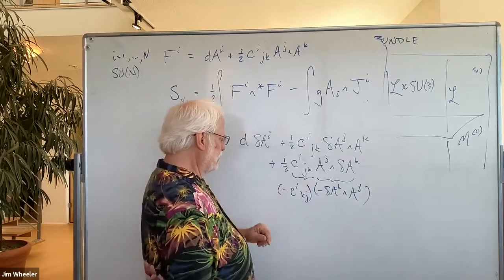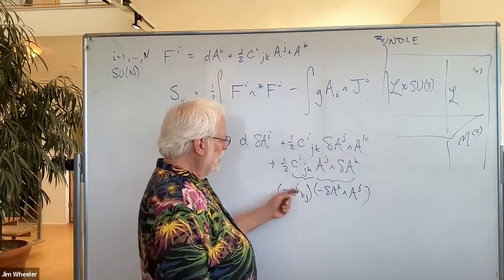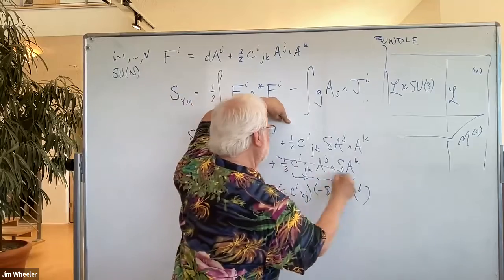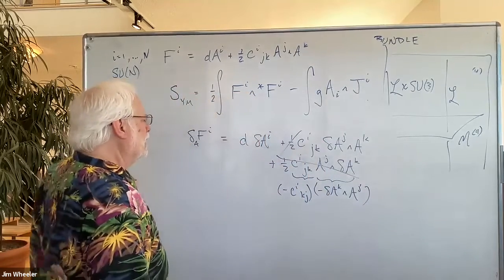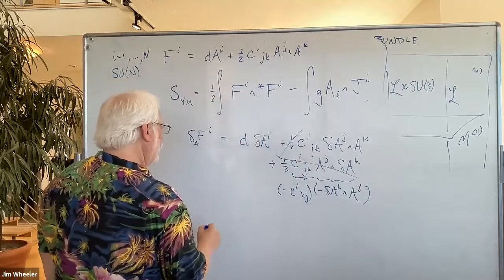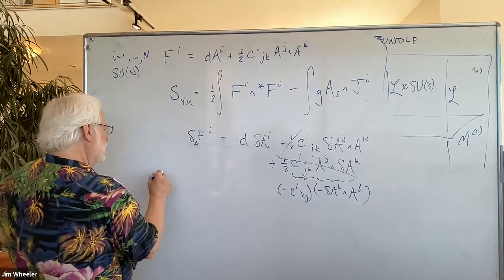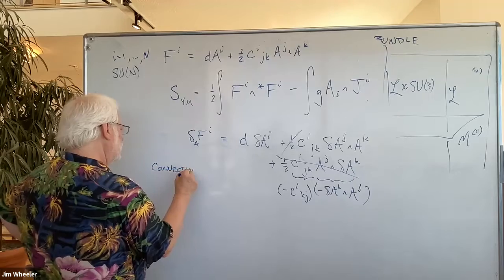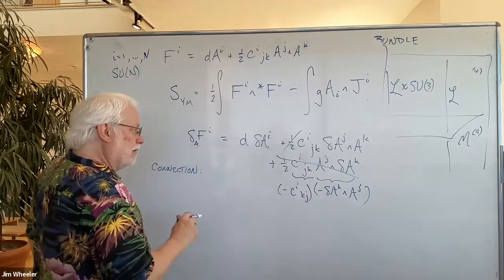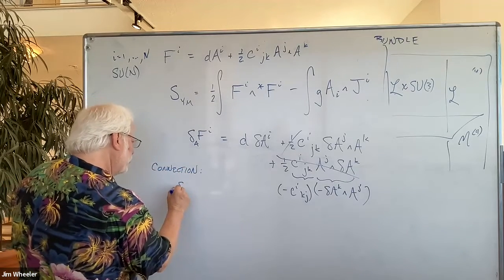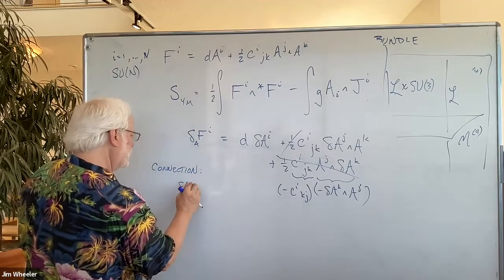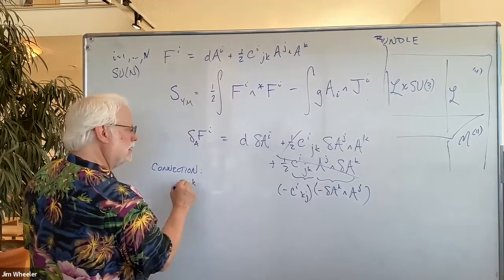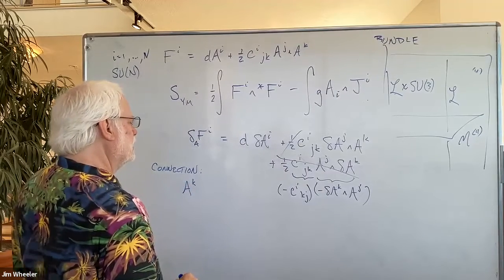If I interchange those two indices, the minus signs go away, and this term is exactly like that term. So it cancels the half. And now a connection can be written in the adjoint representation as, let's see.